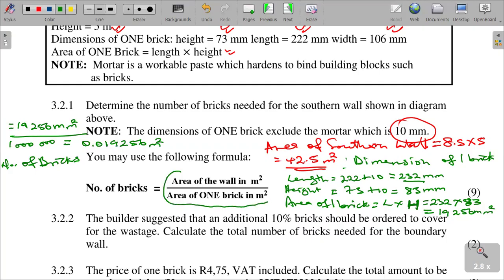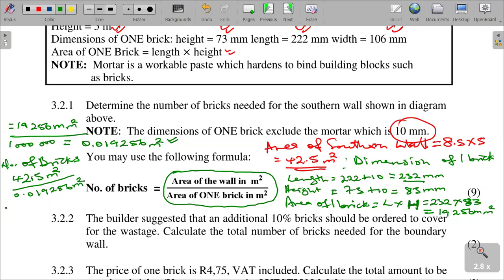This is the formula for calculating the number of bricks, which is given already here. So we got our 42.5 square meters over 0.019256 square meters.